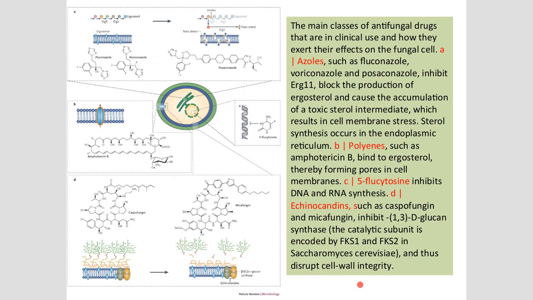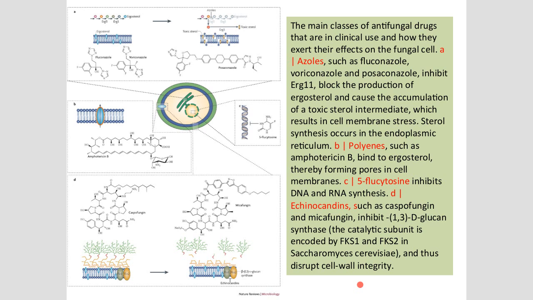Once they do that, they will cause accumulation of a toxic sterol intermediate, which results in cell membrane stress, and the fungi dies. So we are interested in killing the fungi. Number 2, B, you will see these are polyenes.